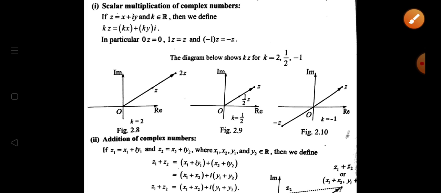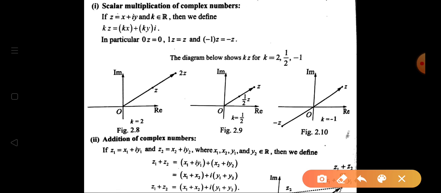z1 plus z2, that is first we write z1 equal to x1 plus iy1 and plus z2 is equal to x2 plus iy2. We are going to add these two complex numbers. How do you add? Like terms should be added.